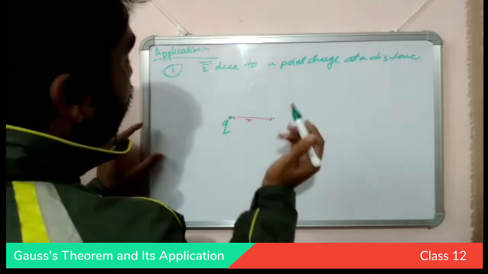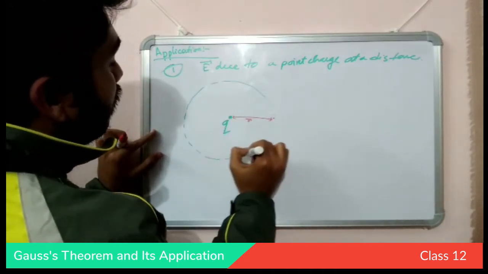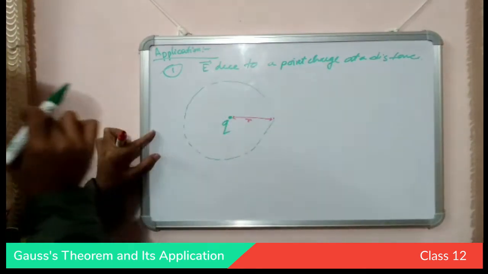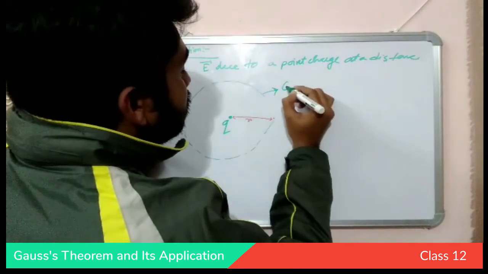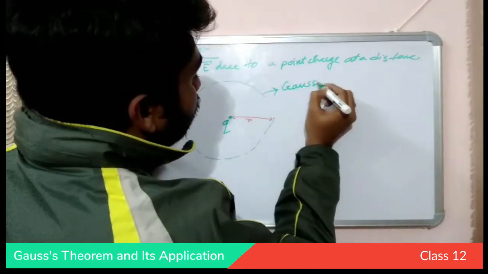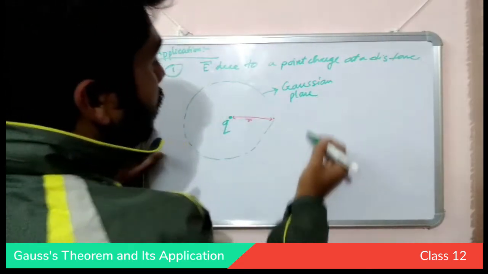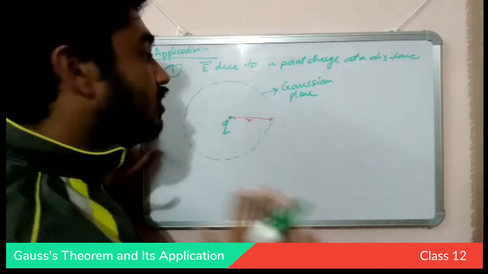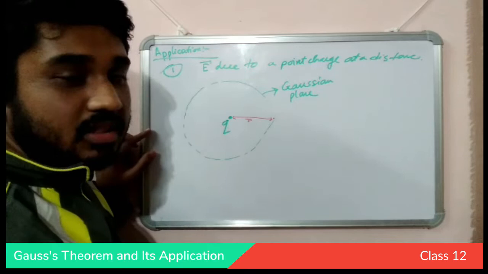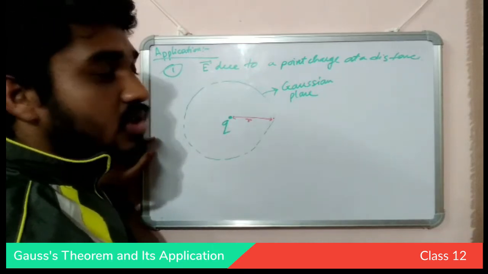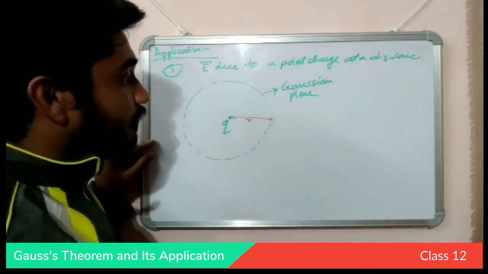We will draw a circle of radius r centering the q, and this circle would be the Gaussian surface. We have to consider a Gaussian surface every time when we are calculating the electric field strength for any kind of charge distribution at some distance using Gauss theorem.